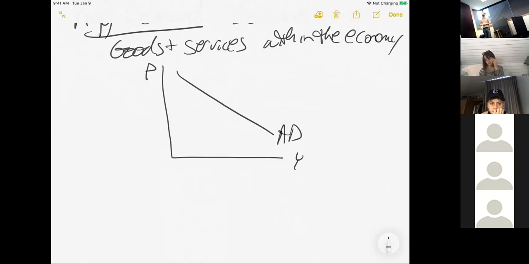Okay, I showed up here a minute ago that the aggregate demand curve is downward sloping. There's a negative relationship between the price level and real GDP.